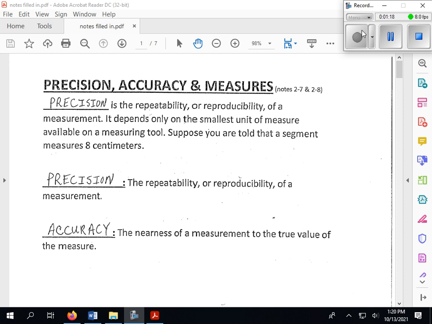When you're looking at a ruler or something, different rulers will have different setups. So you might have a ruler with something on it like this, maybe it's inches, and it might only be split up into that. Well, then the most precise we can get is to within 1/2 of an inch.